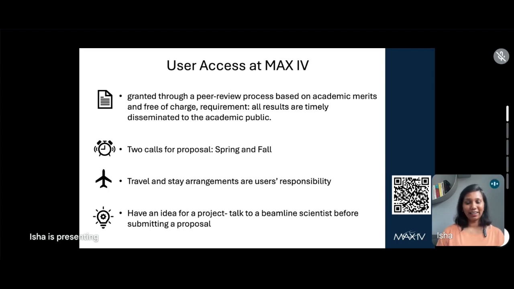At least at MAX IV, when it's a spring call for proposals, you get to do your experiments in fall. And if it is a fall call for proposals, you get to do your experiments in spring. If you want to know how to apply, you can use the QR code here. MAX IV does not provide travel and stay arrangements.